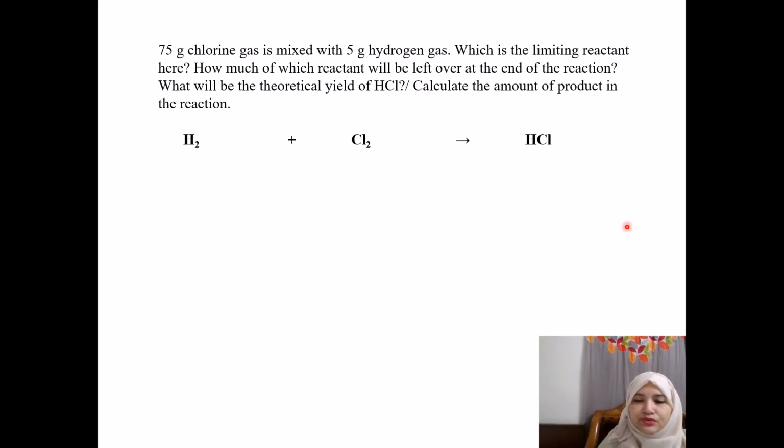And now we have to balance the reaction. If we put 2 in front of HCl, then the equation is balanced, because in one hydrogen molecule, 2 hydrogen atoms are present, and also in the chlorine molecule 2 chlorine atoms are present, and this is our balanced equation.